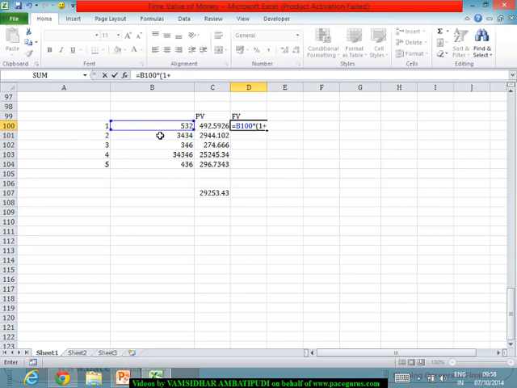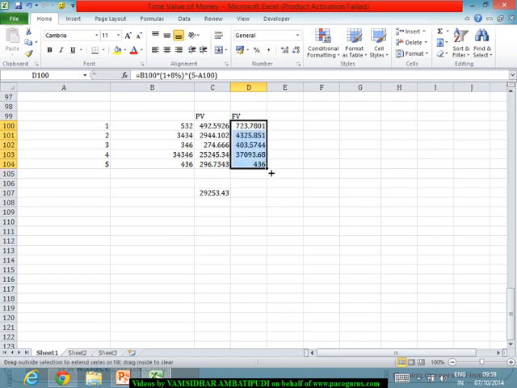So the second one will be invested over a 3-year period. So if I am trying to find the future values of each of these cash flows, the first one will be deposited for 4 years, the second one for 3 years, the third one for 2, the fourth one for 1, and the last one for none.